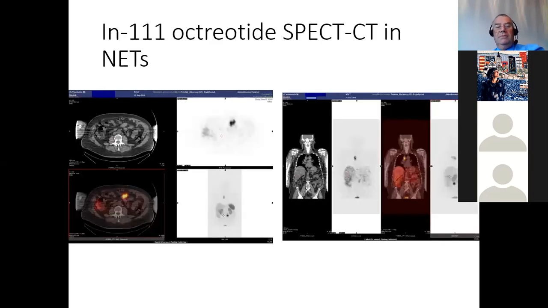So this is one of my patients who has a classical neuroendocrine tumor. This patient has got a lesion in their abdomen. This is a mesenteric lymph node, which you can see has intense uptake of activity. And there's a second area of uptake, which is in an internal mammary node up here in the upper mediastinum.